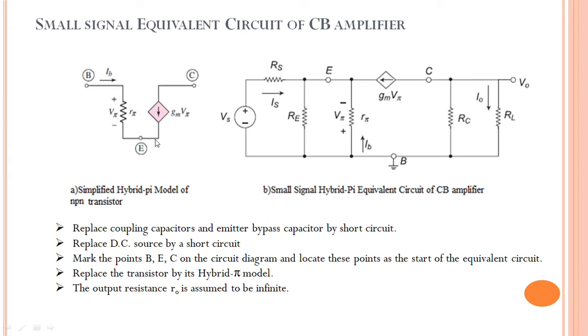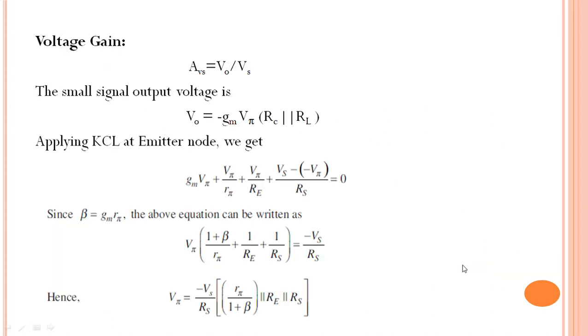From the collector to the emitter terminal, the current source Gm times V pi will be present, and the remaining components will be drawn as shown in the circuit diagram. Now let us find the input resistance, output resistance, voltage gain and current gain of the common base amplifier circuit. First we'll find the voltage gain.